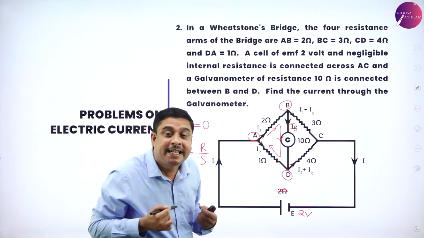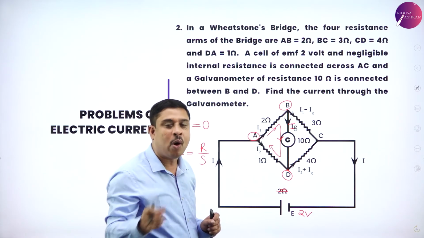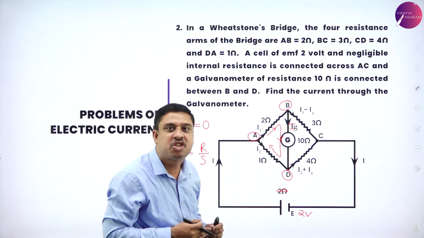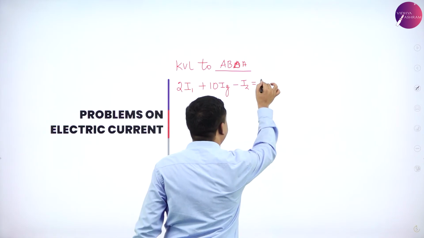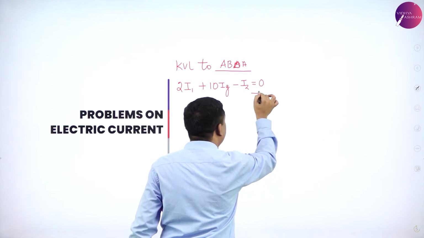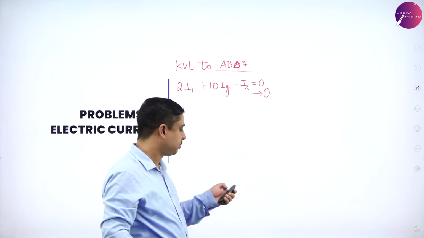I have to get an EMF in the mesh I have considered. Do I have EMF in the mesh considered? No, which means this EMF is 0. I call this equation 1.